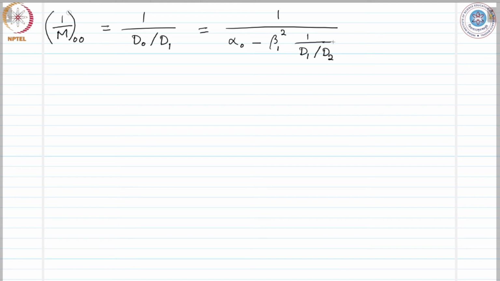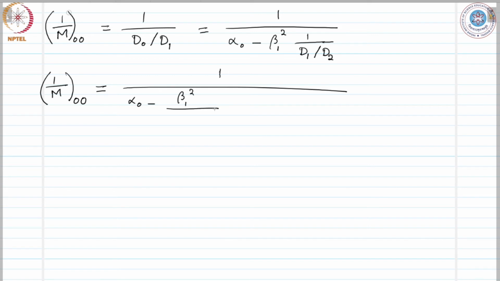You can see that it becomes an iterative process, and if we iterate like this, we can write an expression of iteration like 1 over M 0, 0 equals 1 over alpha naught minus beta 1 squared over alpha 1 minus beta 2 squared over, it continues like this, minus beta naught squared over alpha minus 1 minus beta minus 1 squared over, it continues like this.